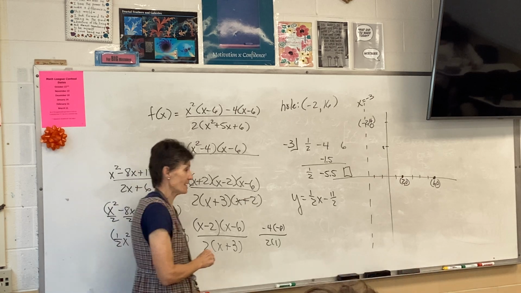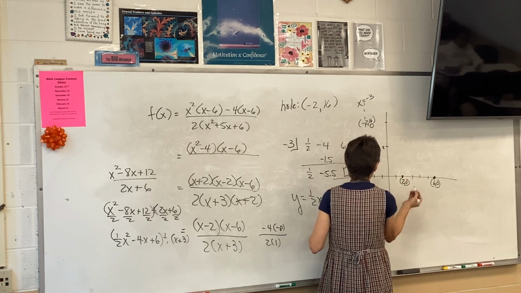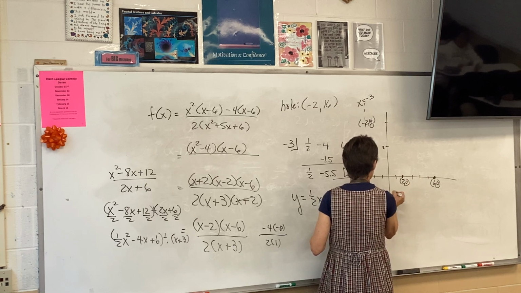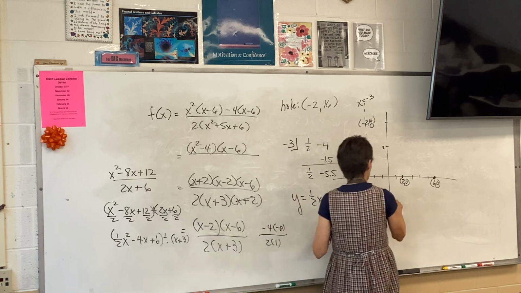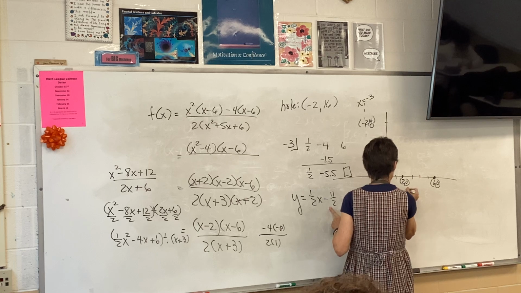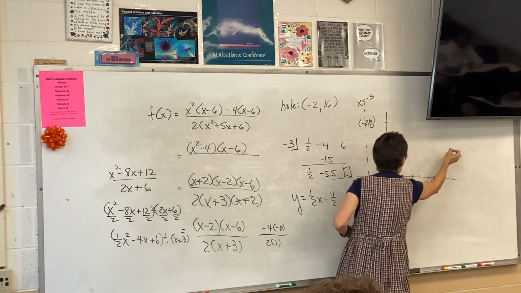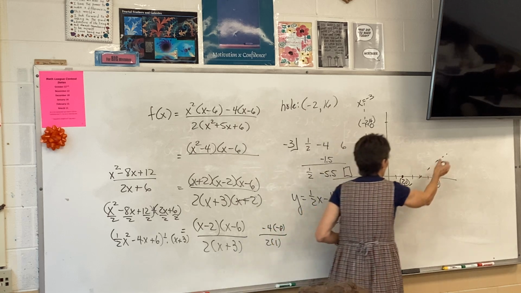So this thing has a y-intercept. I'm going to try to keep some semblance of scale here. Down here at -5.5, and a slope of 1/2. So up 1 over 2. So it's going to look something like that.